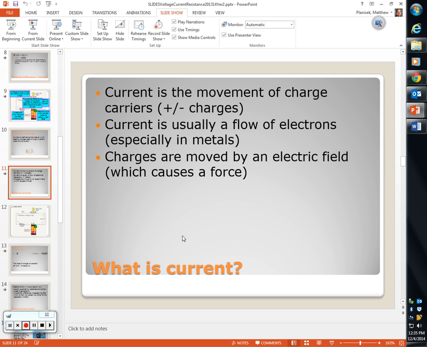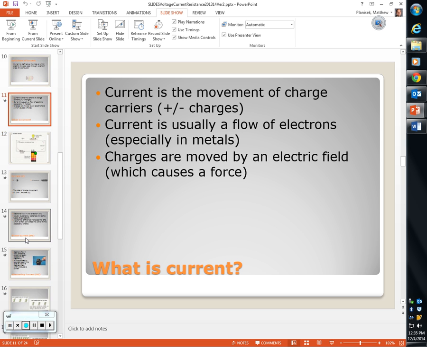The electric potential energy, or energy in general. Current tells us about what? Charges, specifically how many charges there are. Voltage is an energy thing. Current is how many charges are there.